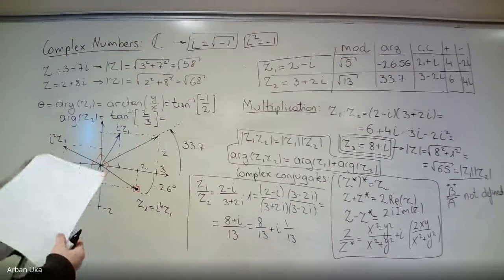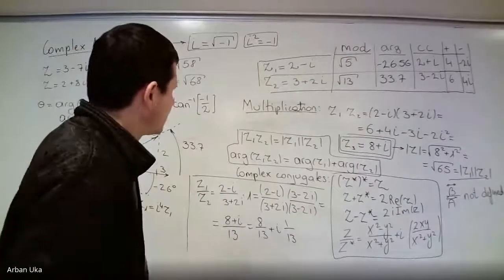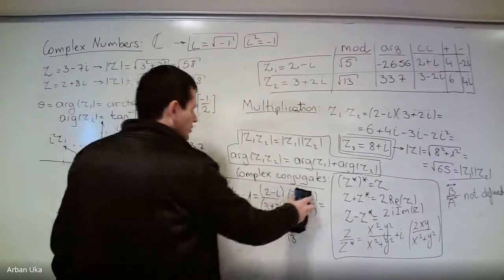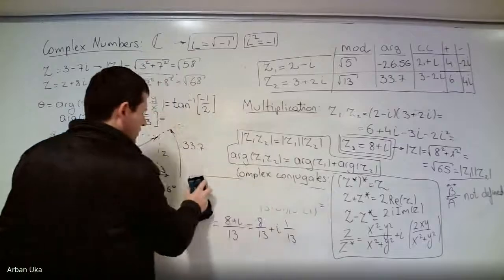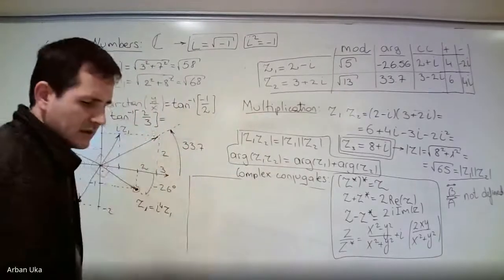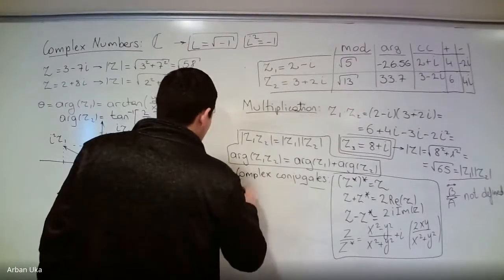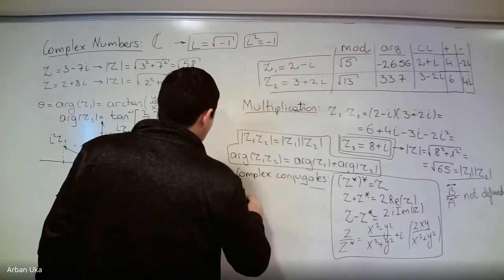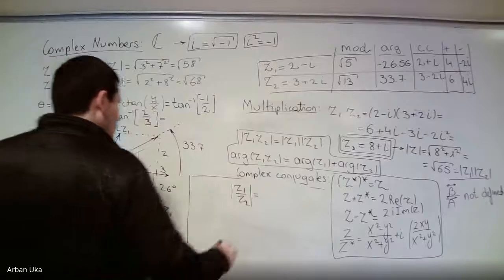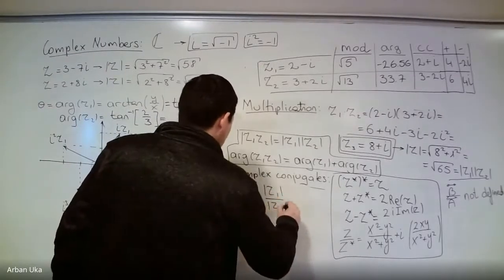Okay, then we can come up with a couple of other properties of the complex numbers regarding the division, which will be the following. So this was just a representative example, and we can see that the modulus of Z1 over Z2 is equal to the modulus of Z1 divided by the modulus of Z2.